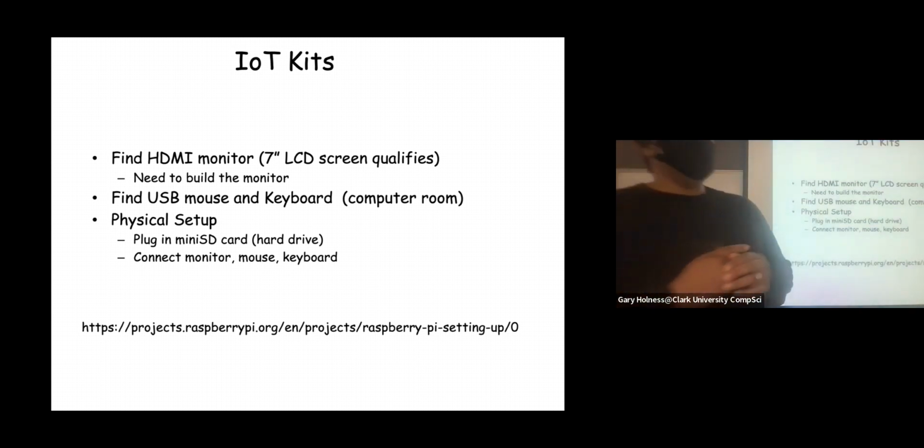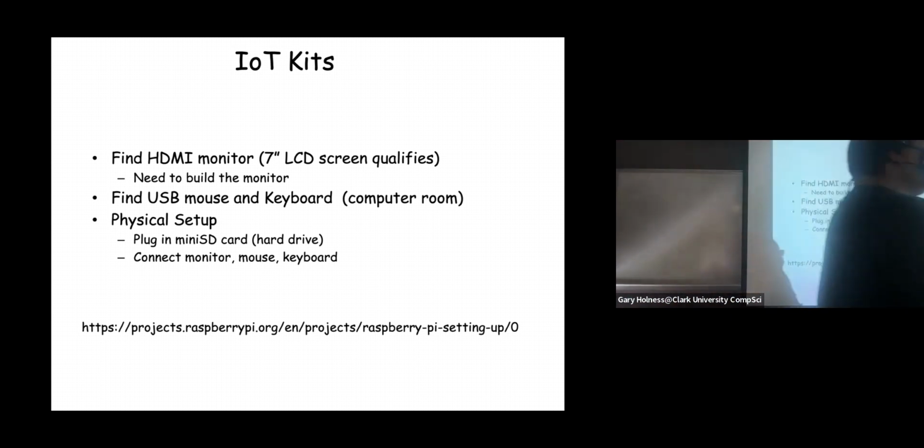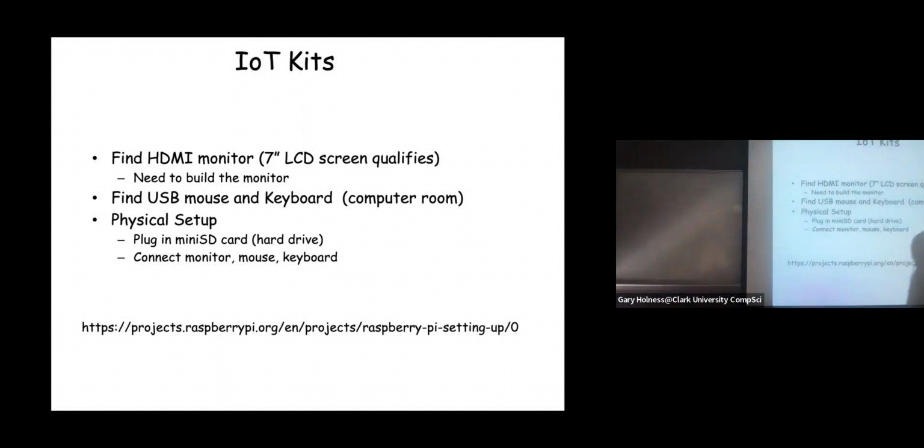At the URL down the bottom is a great getting started guide to walk you through just plugging stuff into the hardware. When you first boot the kit, it'll ask you to install the operating system. But if you bought your own Pi and your own SD card and it's not prepackaged, you're going to have to install something called NOOBS.